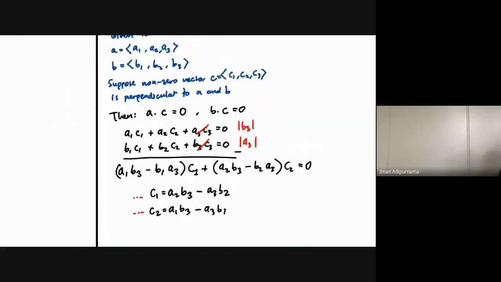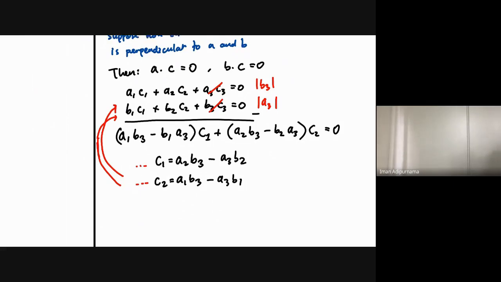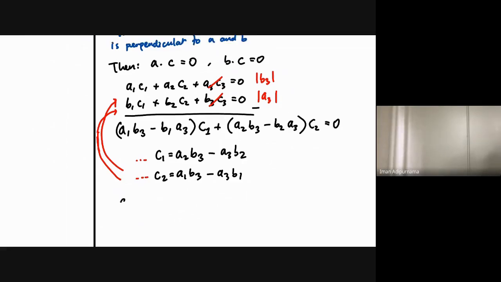We put these equations back into the first and second equations. And we get C3 is A1 B2 minus A2 B1.